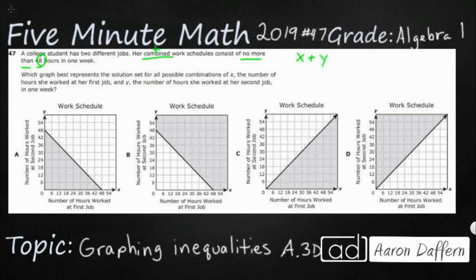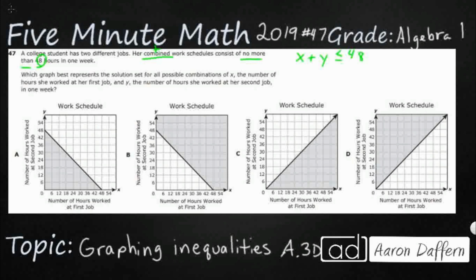That means up to 48, but not more than, but we can include 48. So that's going to be a less than or equal to. That's the inequality we're looking for: x plus y is less than or equal to 48, because that gets us up to 48 but not greater than. We can include it, so we need less than or equal to.